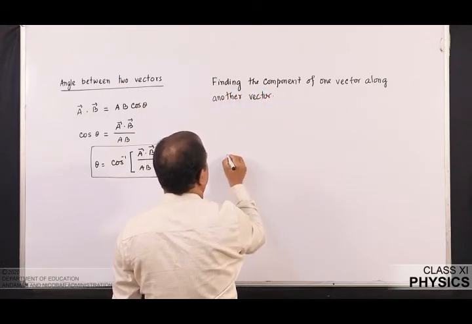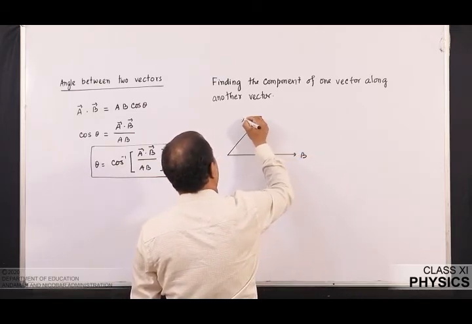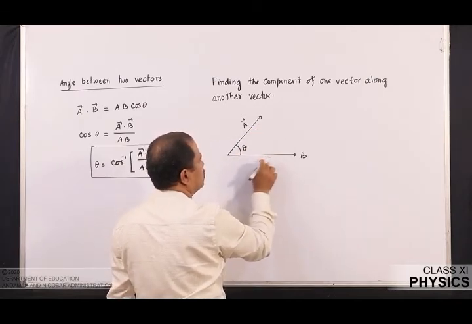What do I mean? Let me say this is vector B, this is vector A, and the angle between them is theta. I want to find the component of A along B.